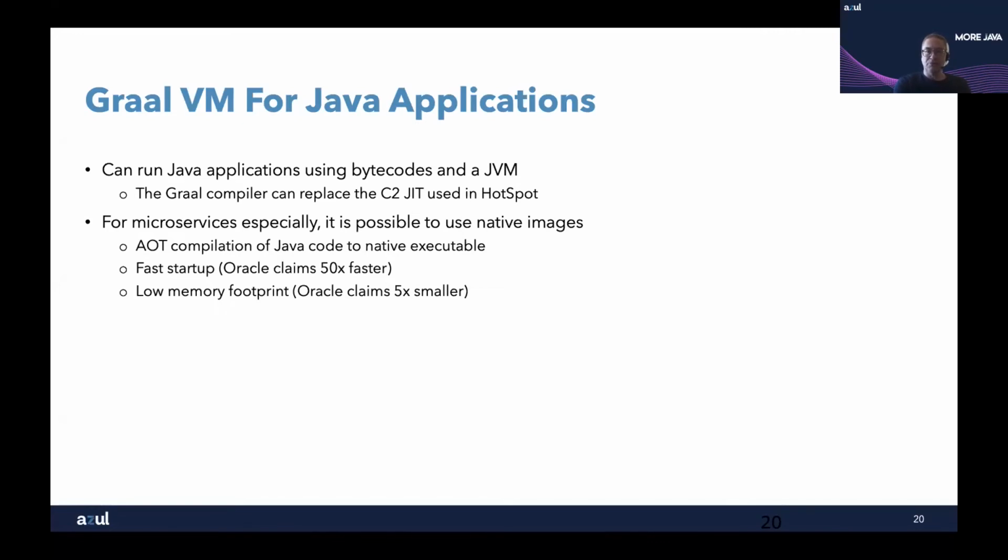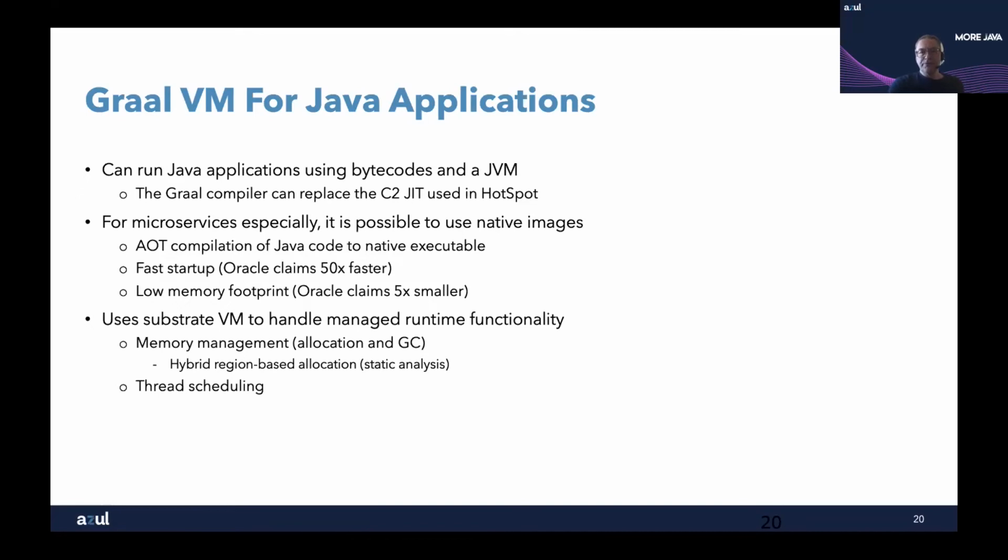Oracle claimed that using a native image, you get 50 times faster startup than you would with pure bytecodes and just using the JVM. And they also say that in terms of the memory footprint, because you can eliminate a lot of the excess stuff that's in the JVM, you can actually get up to 5 times smaller, according to Oracle.